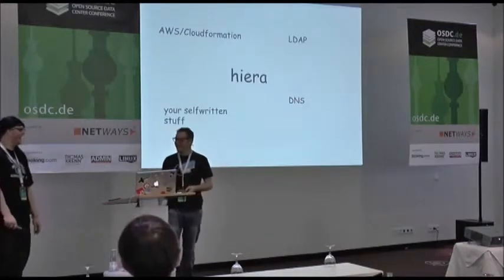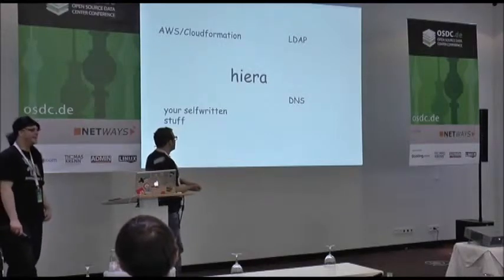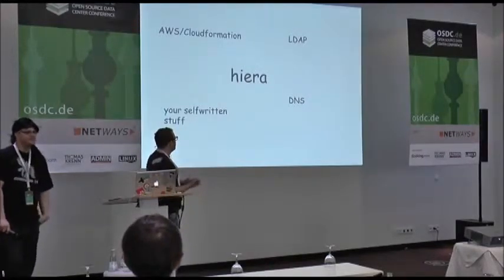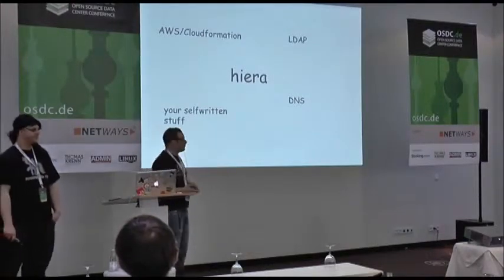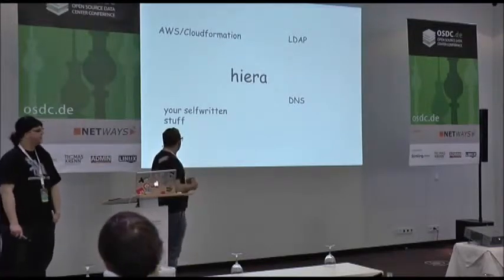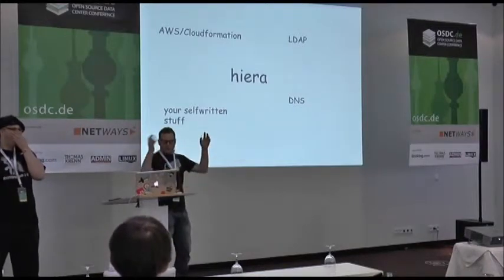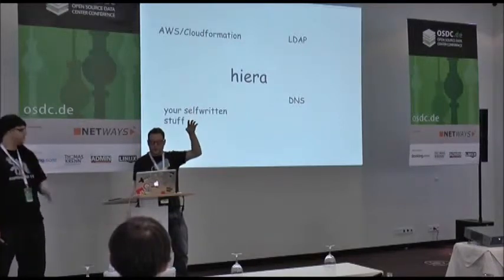Software. So actually, the cool thing about Hiera is it's pluggable, and you can just do whatever you want. You can implement your own backend, and you can get stuff from DNS or from your existing LDAP, or you can just write your own backend because you already have your configuration management database, and it contains all the nodes and maybe also the roles.